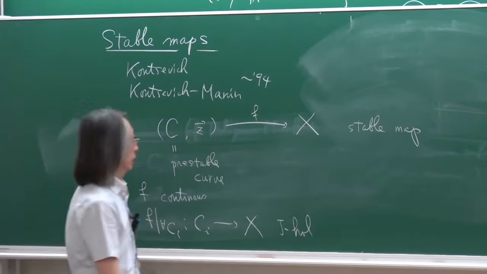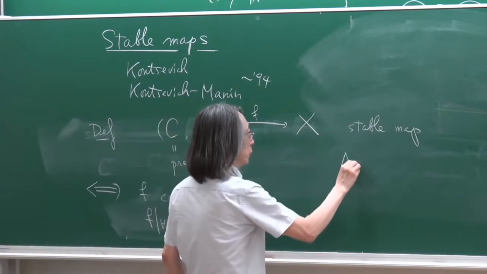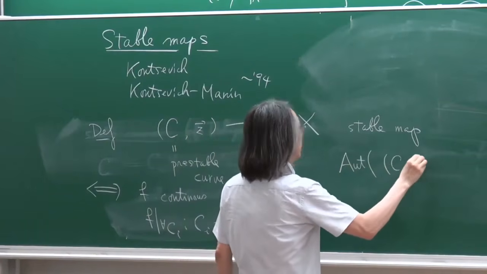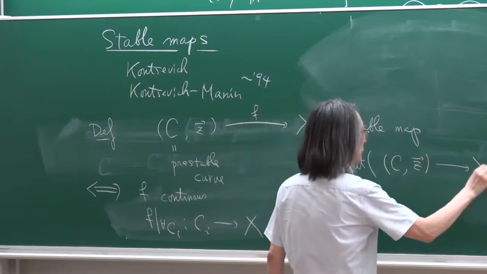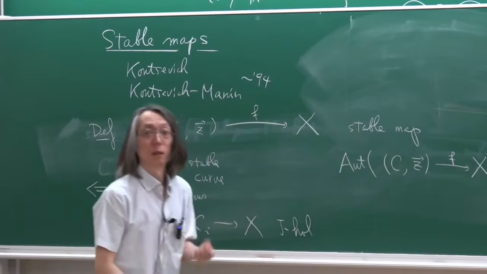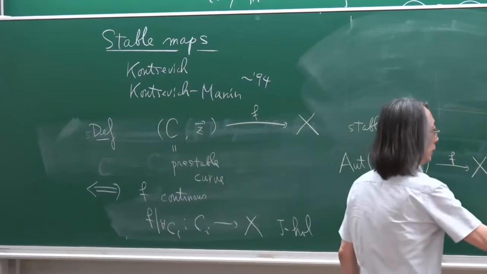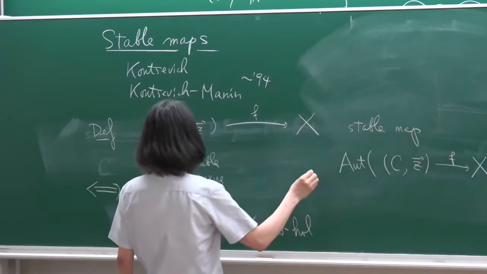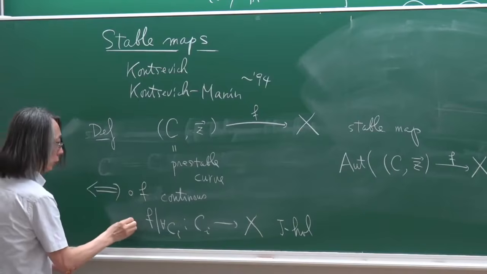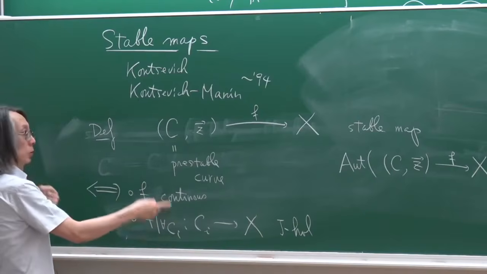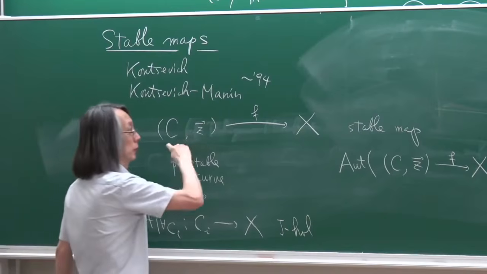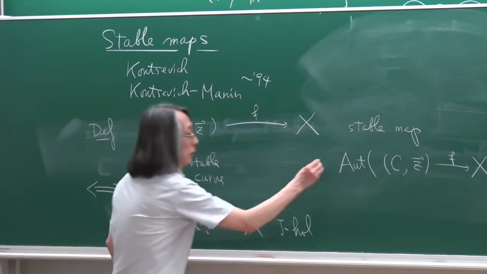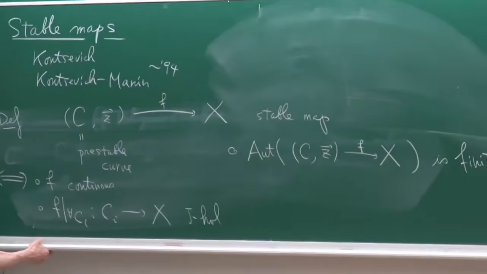And then finally, consider the automorphism group of this thing, this C, Z going to X, is finite. So these two are just no condition. F is just a map from C to X, so it's just a continuous map, and on each component you have their own map. But this last one assumes the automorphism group is finite.